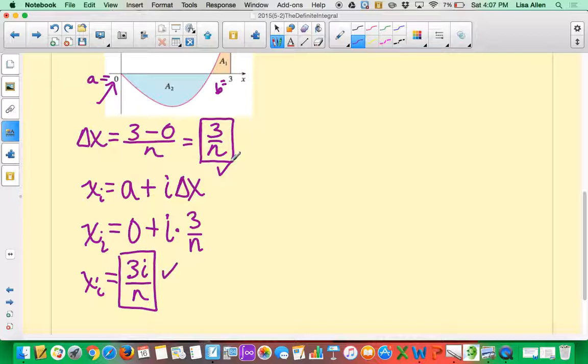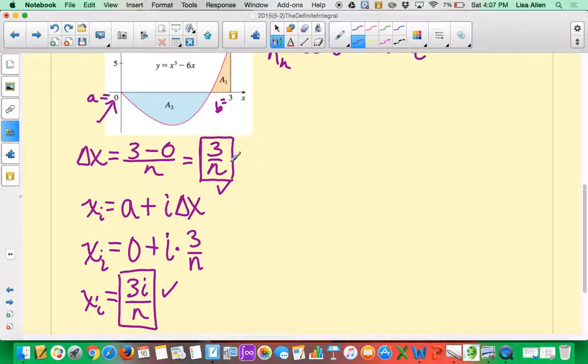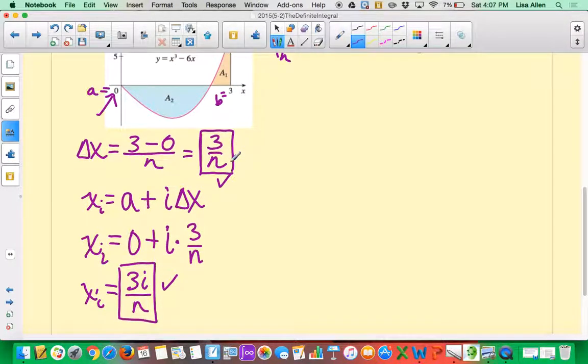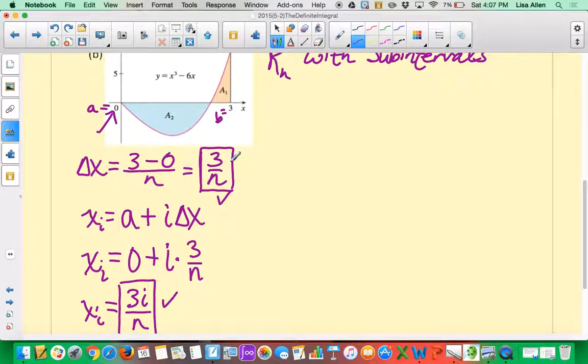So I'm going to need to use these two expressions in my summation. Scroll up just a tiny bit so I can still see that. So we want to find this expression for r sub n, the Riemann sum with n. I'm going to go ahead and include the expressions for this.